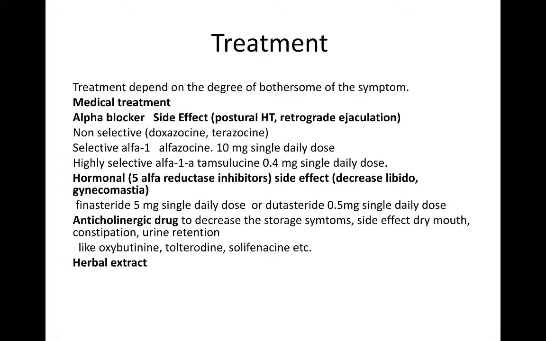We have either non-selective, alpha 1 and 2, non-selective alpha blockers like doxazosin and terazosin, and we have the selective alpha blocker, that is alfuzosin, and we have the highly selective alpha 1A blocker, which is tamsulosin, and the dose of them.